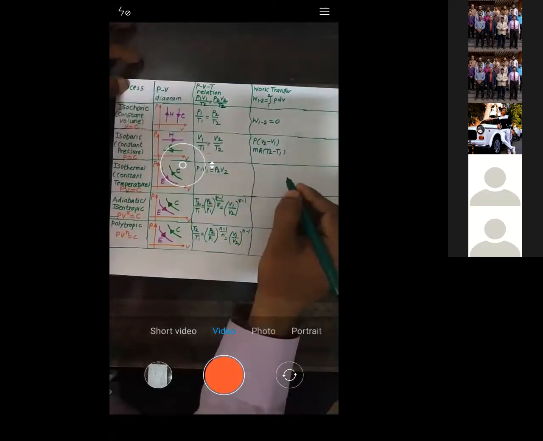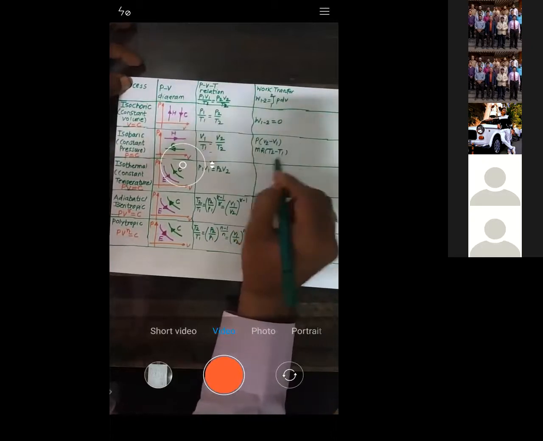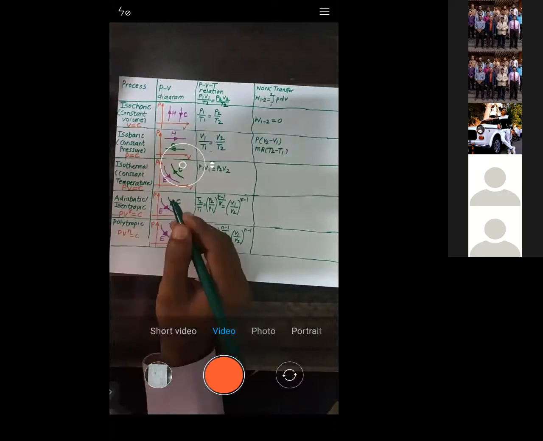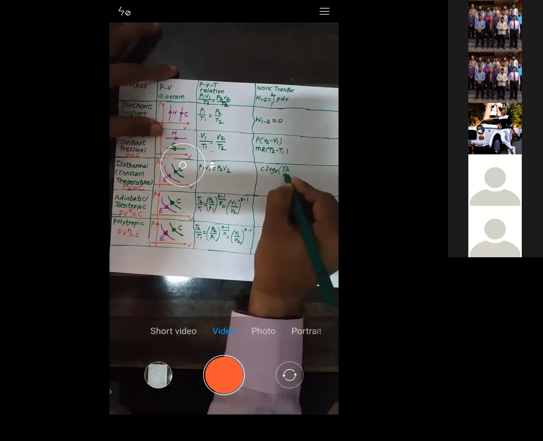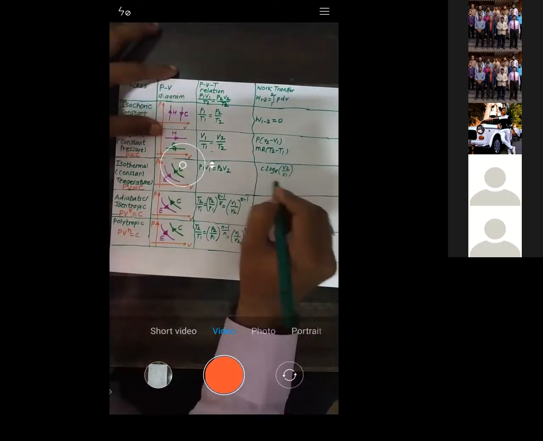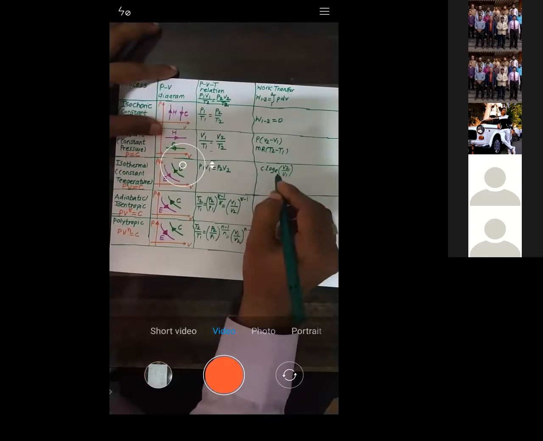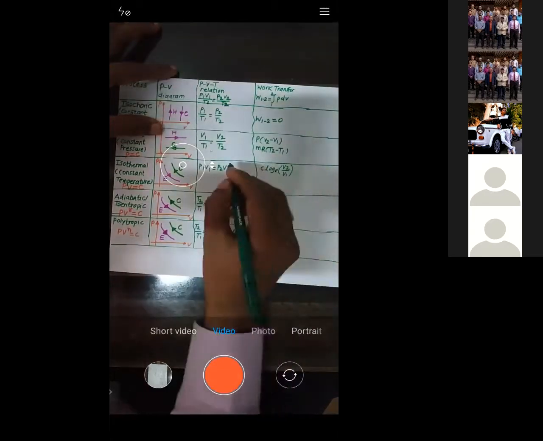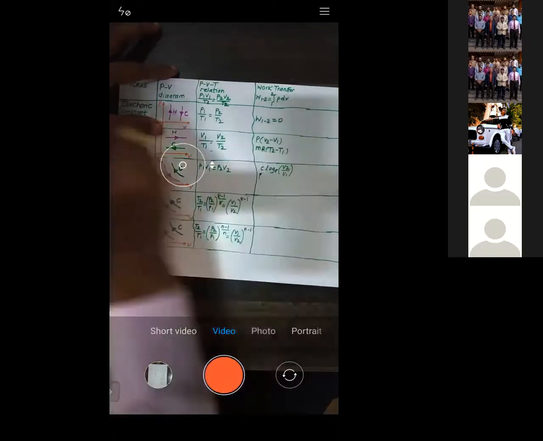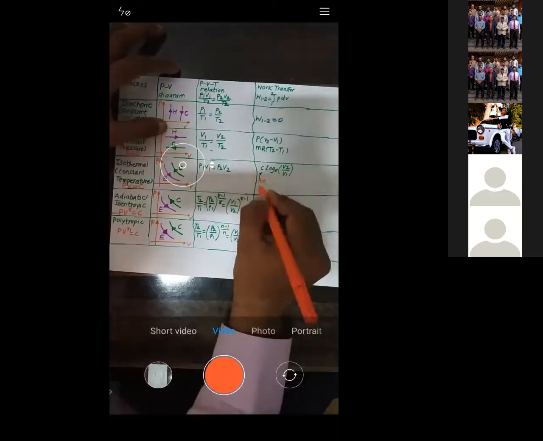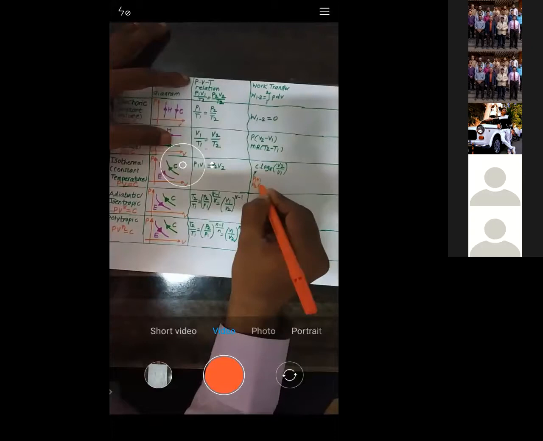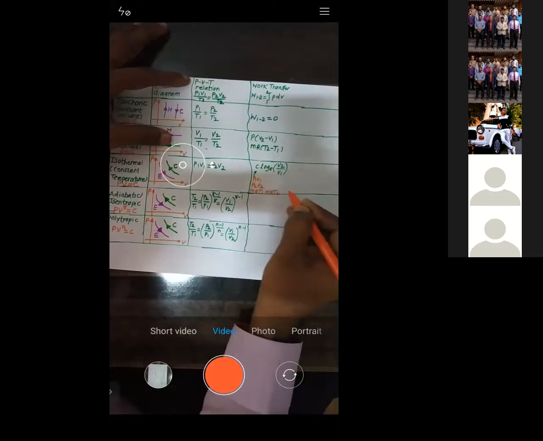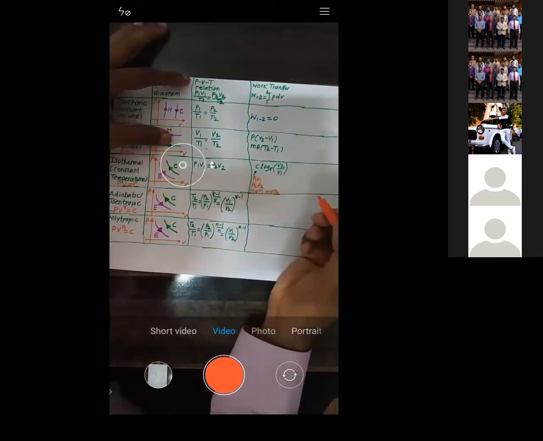We have derived this. Now let's calculate for the isothermal process. For an isothermal process, work transfer is given by C into log to the base e of V2 by V1. Try to understand, this we already derived. Now instead of C, you can put P1 V1, or P2 V2, or MRT1, or MRT2.